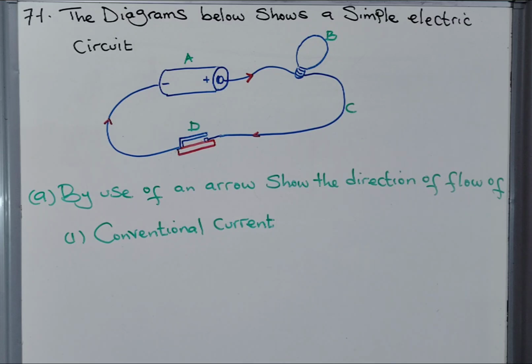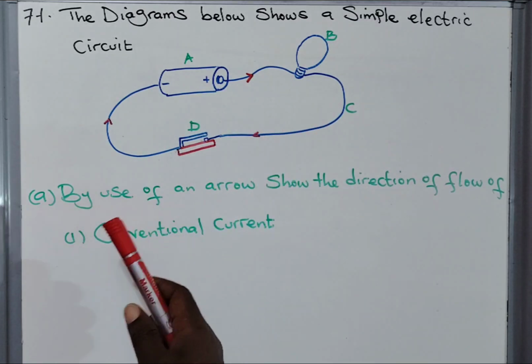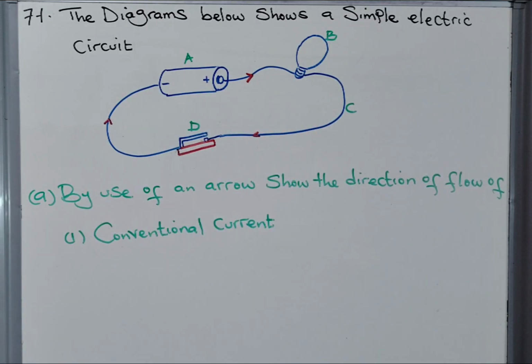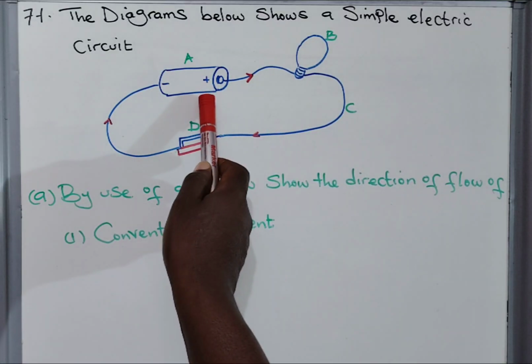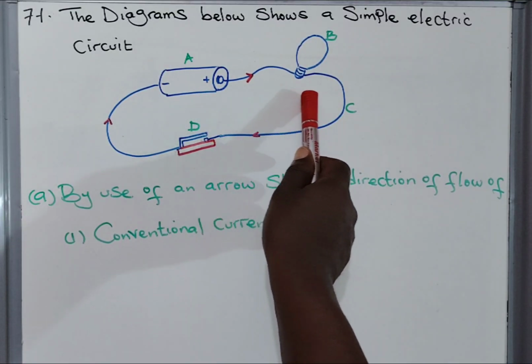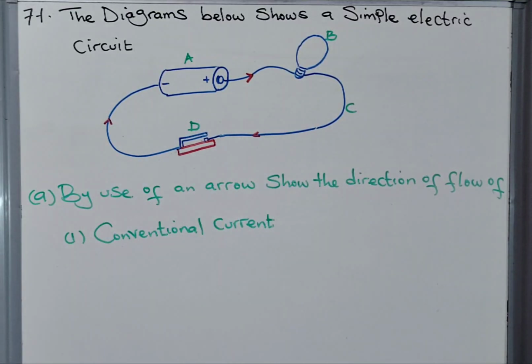At first, there was a belief that electricity is due to flow of positive charge. So it was developed, but eventually they said, no, we are not going to change. The current must be maintained in the positive direction. So you just locate where the positive of the battery is and take the arrow away from it in the external circuit.